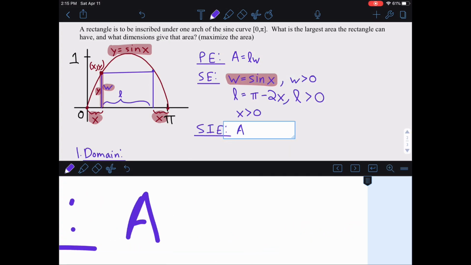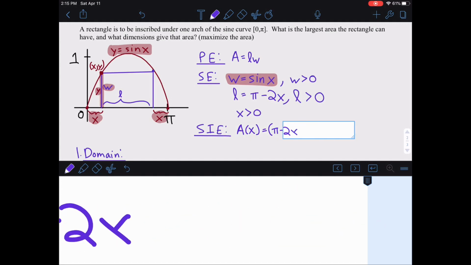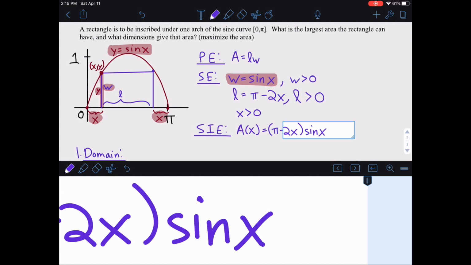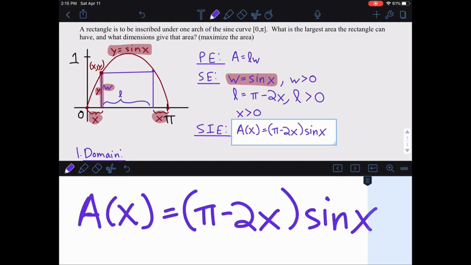So area as a function of just x is going to be the length, which is pi minus 2x, times the width, which is sine of x. Okay, so this is the calculation for the area of my rectangle. Okay, and now we have our primary.